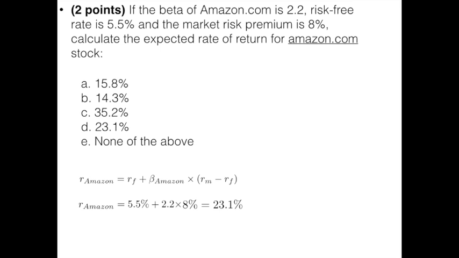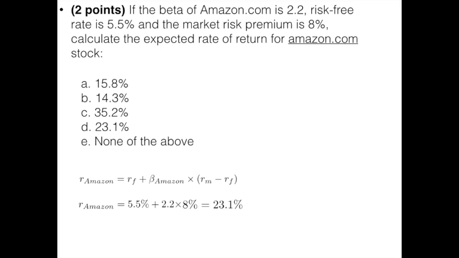Where students sometimes make a mistake, they would say 8 minus 5.5. Pay attention to what is written. I have no intention to mislead you with these kinds of questions. I simply cannot anticipate what you will think when you read, in a sense. I have written here market risk premium in order to make your job easier, so you don't have to subtract things.